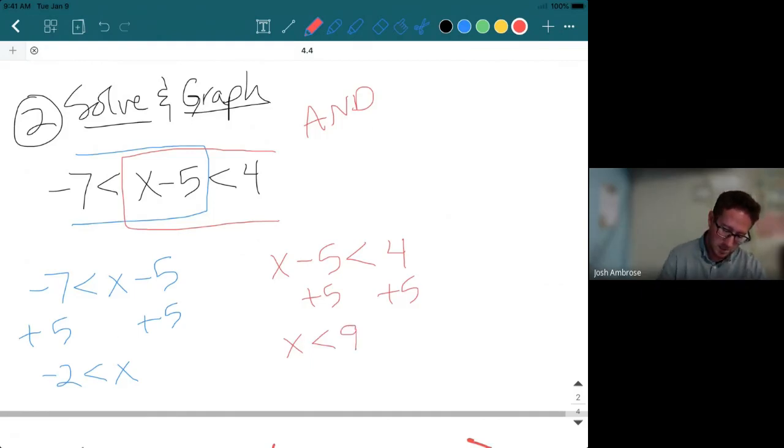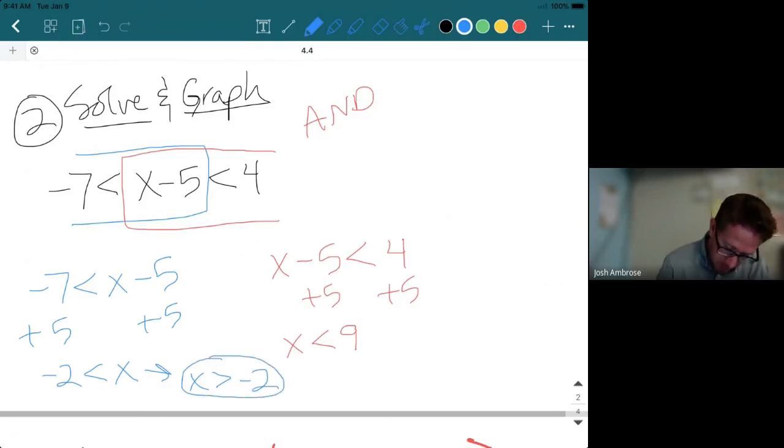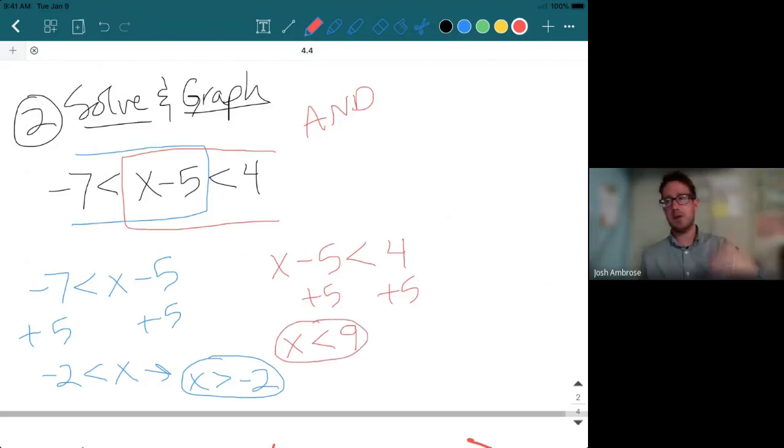Okay. Now, just so that it's a little clear with this blue one, I'm going to rewrite it, because remember, I prefer the order to be the variable, the inequality, and the number. So x. All right. So pay close attention, always, always, to each step. Slow it down, pause it, track with me.